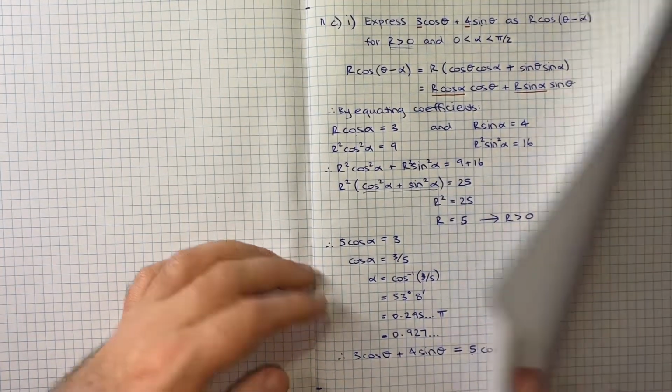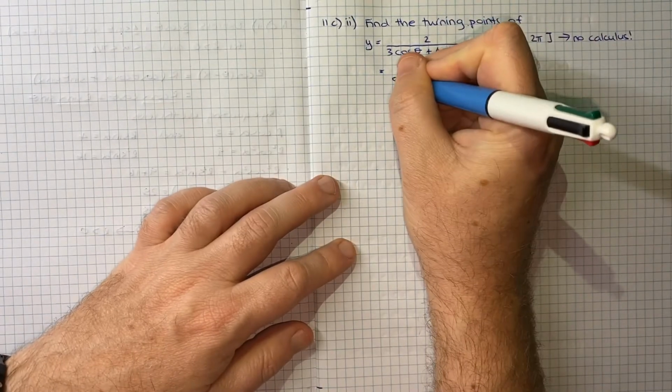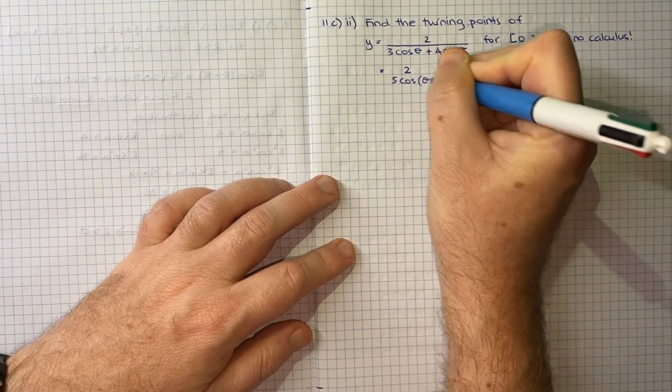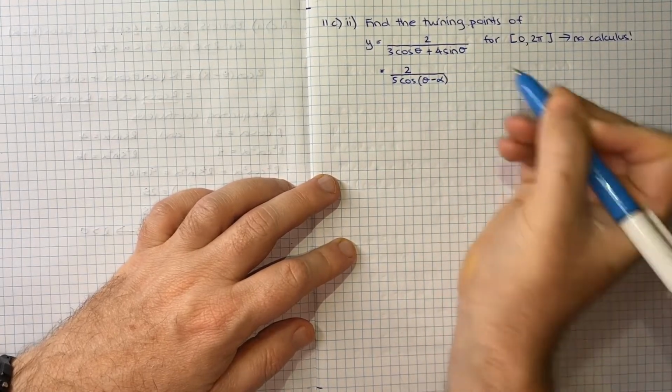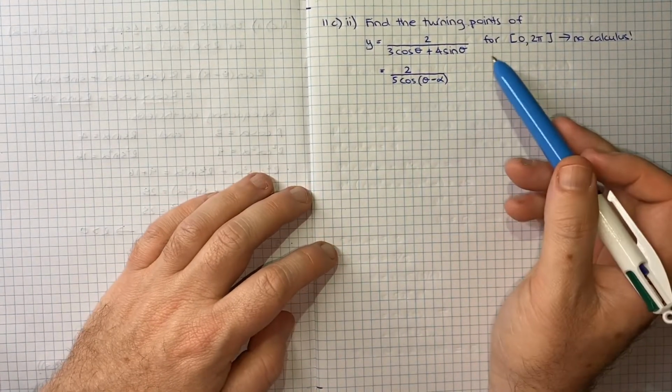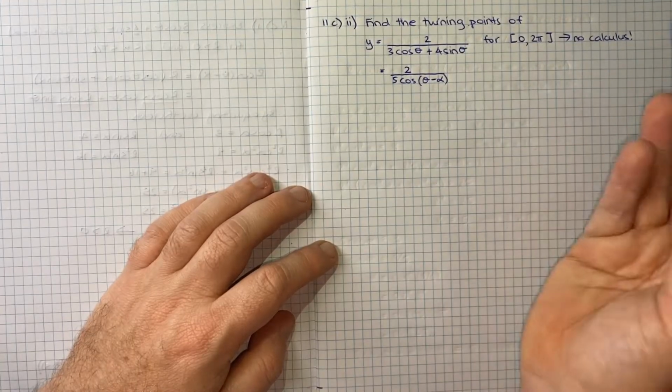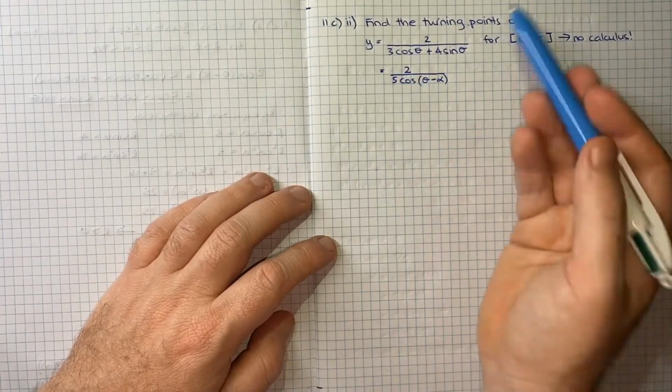So in the denominator we'll just write 5 cos theta minus alpha, noting alpha is just our constant.